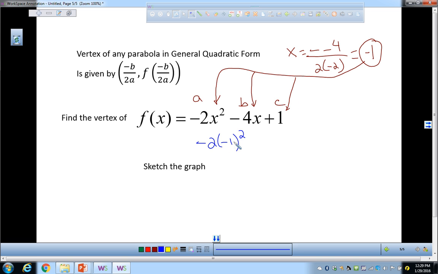You have to square this first and then multiply it. A lot of people get that wrong. Plus 4 times negative 1, plus 1. If you do the math, you square this first, it becomes positive 1, times negative 2 makes negative 2, plus negative 4, plus 1 gives you negative 5. So the coordinates of the vertex are negative 1, comma 3.